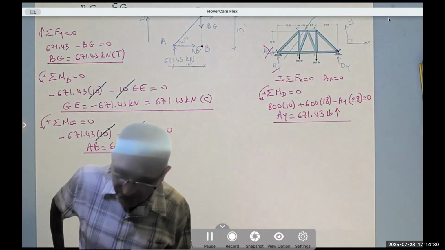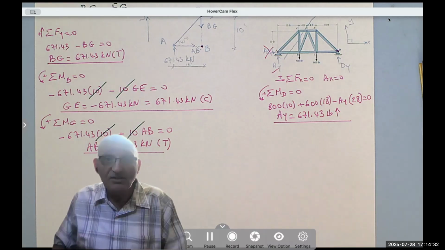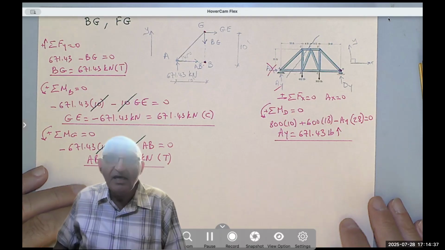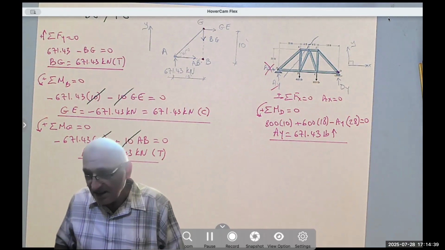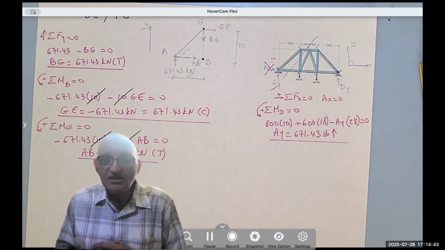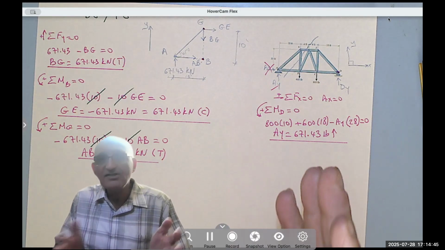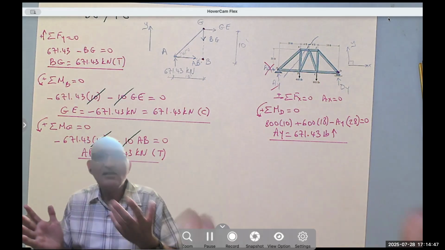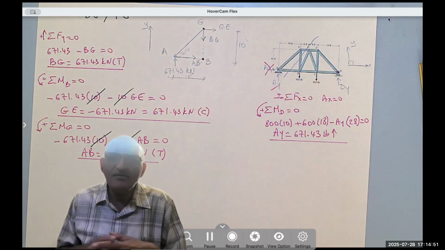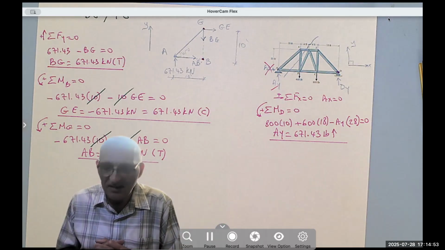So now we solve these two examples. We understood the difference between the method of joints and the method of sections, and it's up to you to decide. If you are asked to find the force in some members away from the joints, method of sections is easier. Close to the joints, probably the method of joints would be easier.